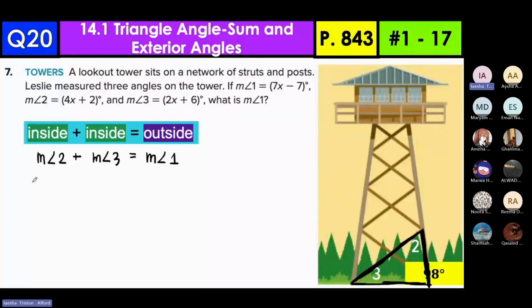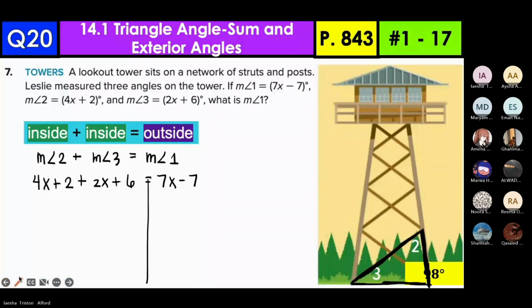So angle 2 is 4x plus 2, plus 2x plus 6, equals 7x subtract 7 because it's outside. Fine. Then you have to clean everything up and solve.